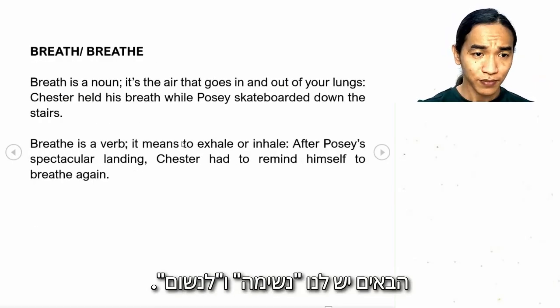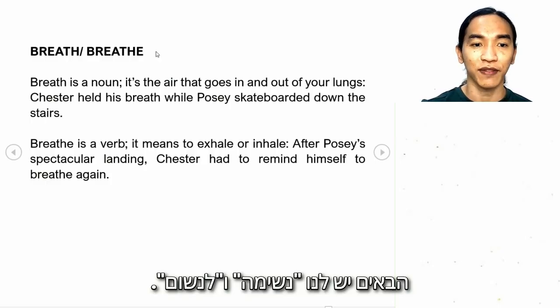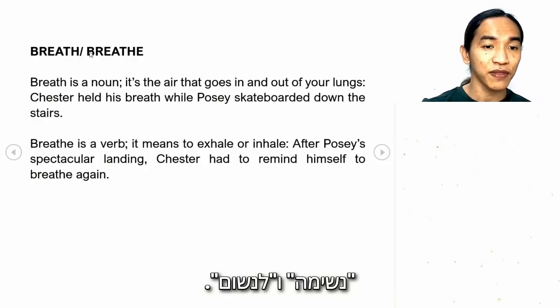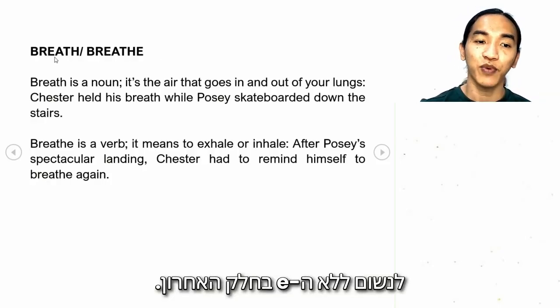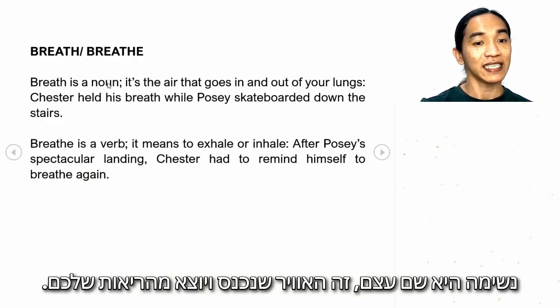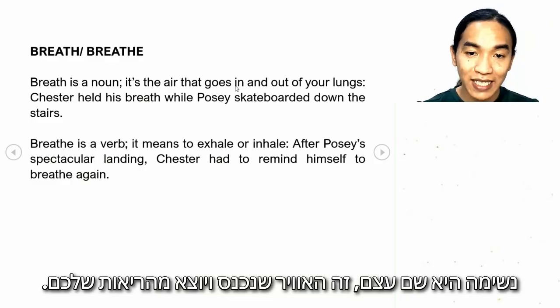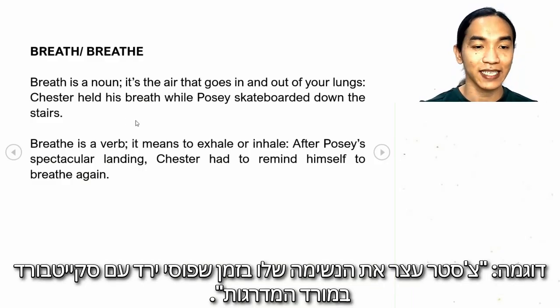Next ones, we have breathe and breath. Breath without the e at the last part. Breath is a noun. It's the air that goes in and out of your lungs. Example: Chester held his breath while Posey skateboarded down the stairs.